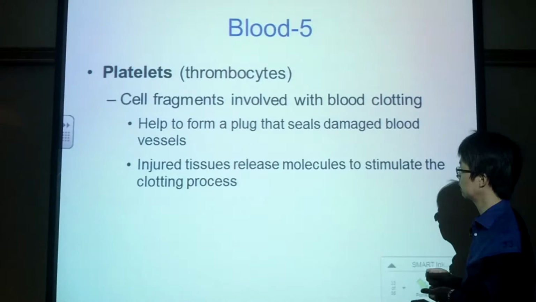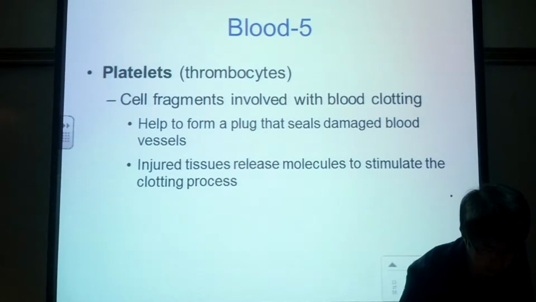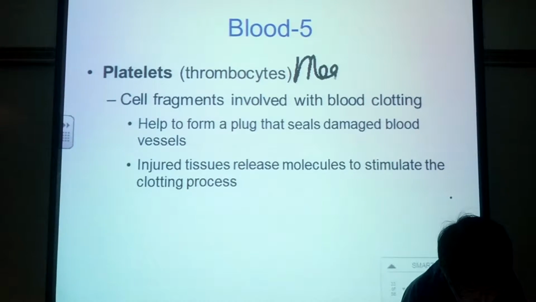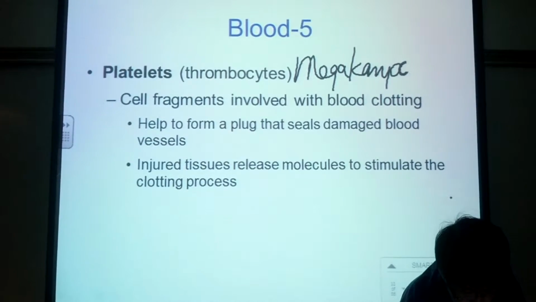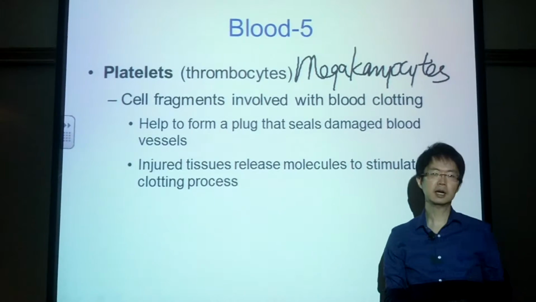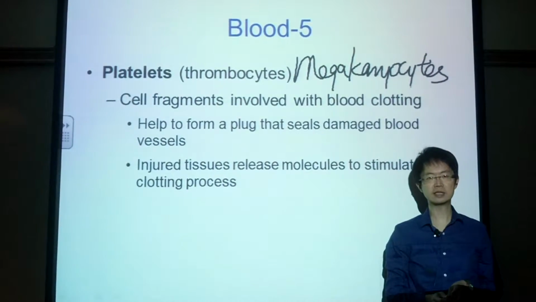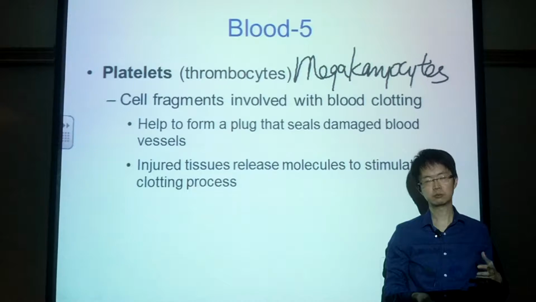What does it mean, cell fragment? Platelet cells, they come from something called megakaryocyte. Megakaryocyte, when they squeeze through the capillary, part of the cell membrane and cytoplasm will break off from the cell.